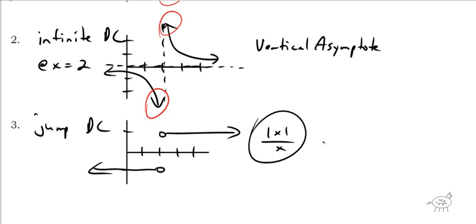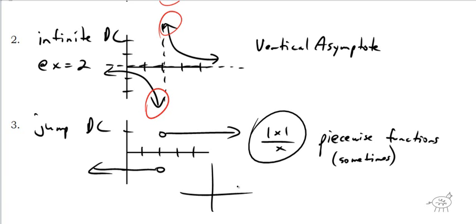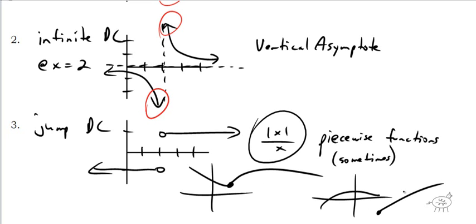But it's these kinds of functions, and it's also piecewise functions. And I'll put that on here sometimes. That's a jump discontinuity. Because sometimes a piecewise function connects, right? If I give you another example, here's a piecewise function, and then it connects like this, right? In the spot here, that wouldn't be a discontinuity. But as soon as it doesn't connect, something like this, and then like this, now it's a jump discontinuity. Okay, so you would say in this case you have a jump discontinuity at x equals 2.